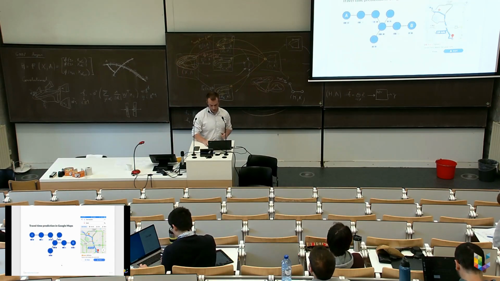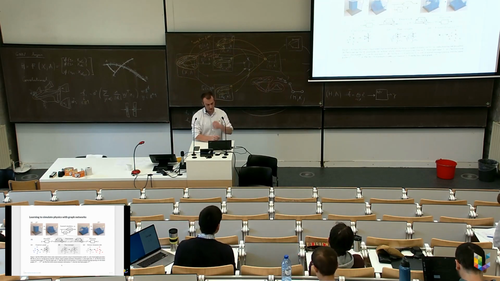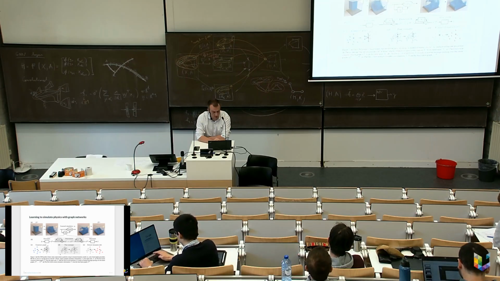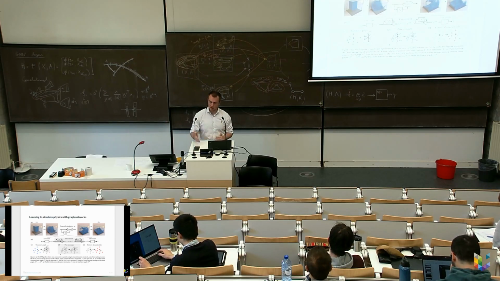A next application is the case of physical simulators in physics. And so this is, I think, a nice illustration of what you can also do with GNNs. In this case, it's used to simulate the evolution of a fluid, which you have represented as a graph of particles.